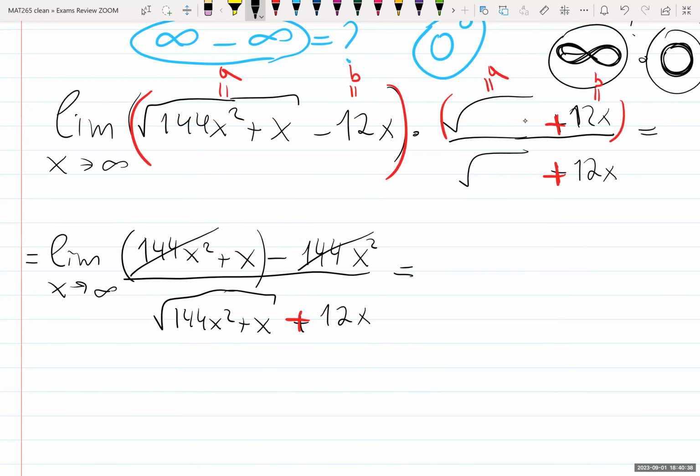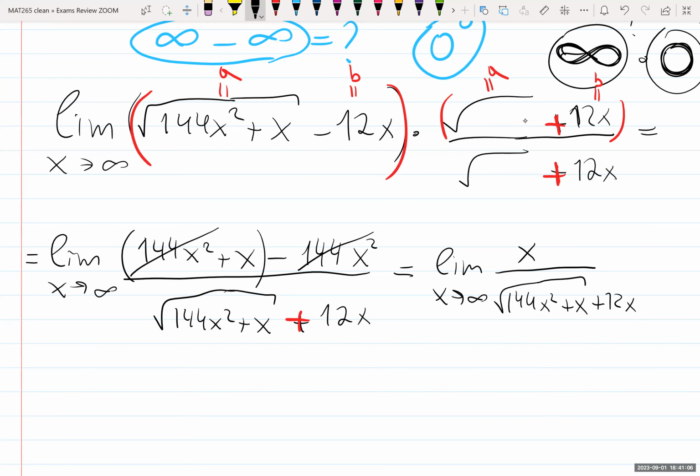So let's try to see what is going on here. Limit, x at the top. Good. And then the square root of 144x squared plus x, plus 12x at the bottom, as x approaches infinity.